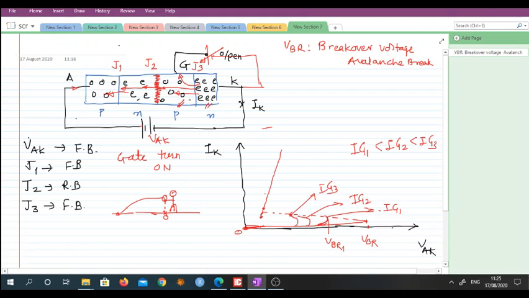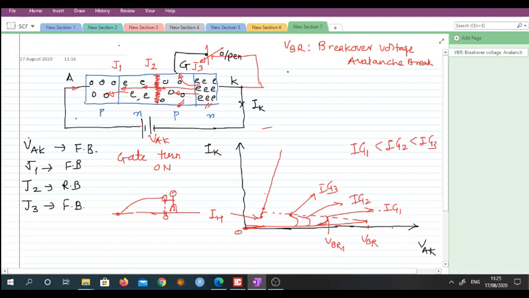Okay, now the very interesting point to note: how can we make this device turn off? For making this device go off, we have to bring this cathode current below a certain value, and that value of current is called the holding current.